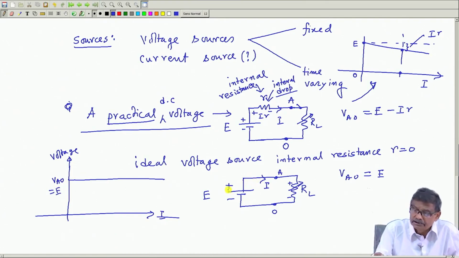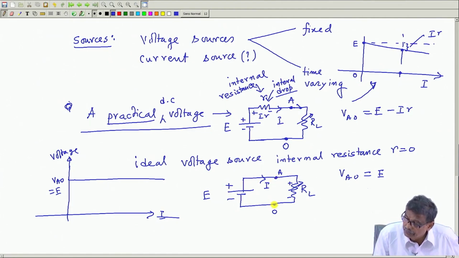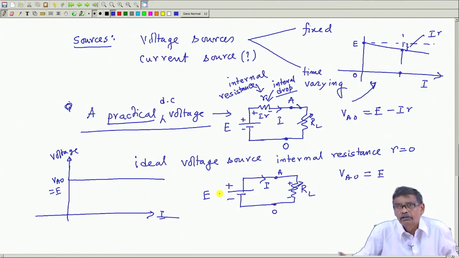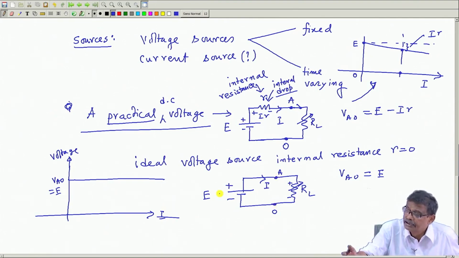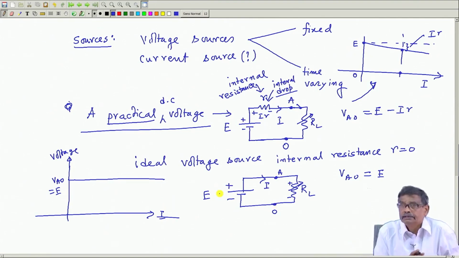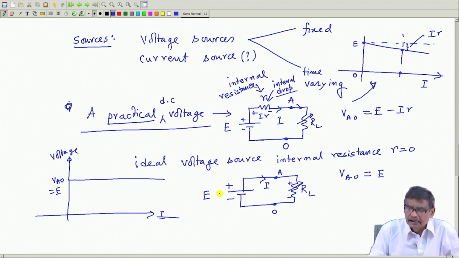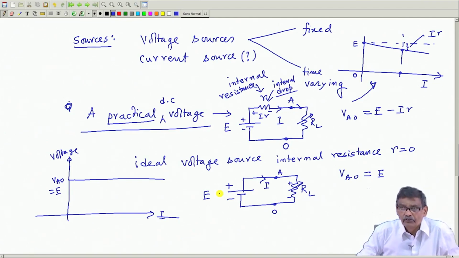Therefore, with no internal resistance, potential difference VAO remains constant all the time. However, it is not the case when there is internal resistance of the source present.